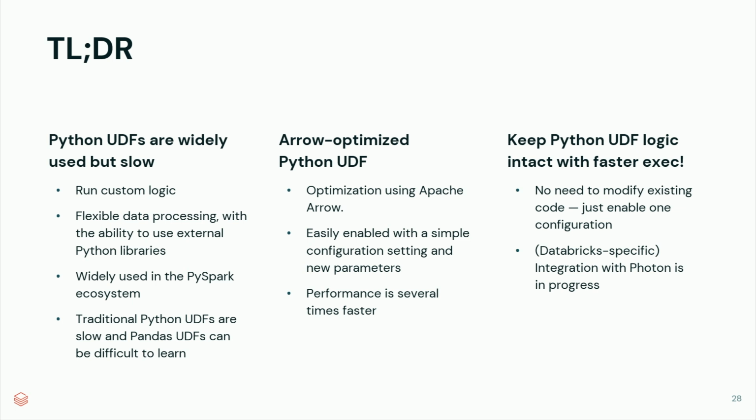Then we ran some benchmarks. This is not as fast as the Pandas UDF, but reasonably fast, up to 2 times faster. A very good benefit is that you don't have to change your code. You just turn the configuration on and see if it becomes faster or not, so it's pretty easy to try. Lastly, Databricks-specific: we're trying to Photonize it. So if you're a Databricks customer, you might be happier.